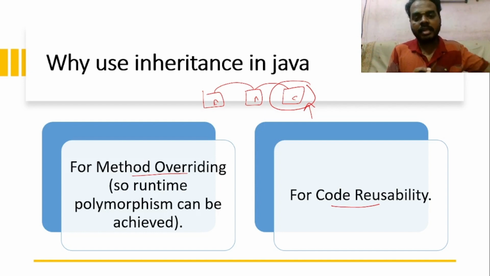At last, the entire data is acquired by the final derived class, and we can create an object of it and access all the data with the help of code reusability.